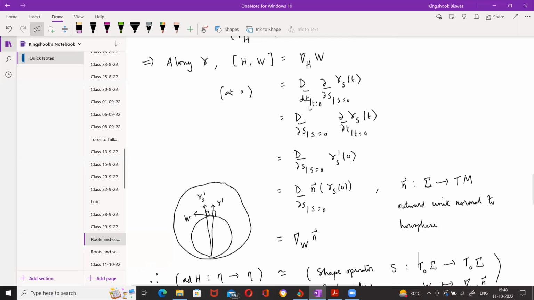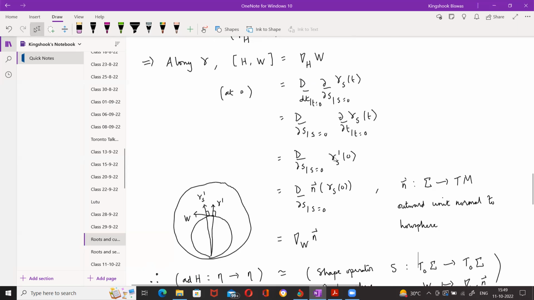So capital D del T and del del S, I can interchange these two. This becomes capital D del S at S equal to 0 of del del T at T equal to 0 of gamma_S of T, right? And del del T at T equal to 0 of gamma_S of T is what? It's gamma_S prime of 0, right?